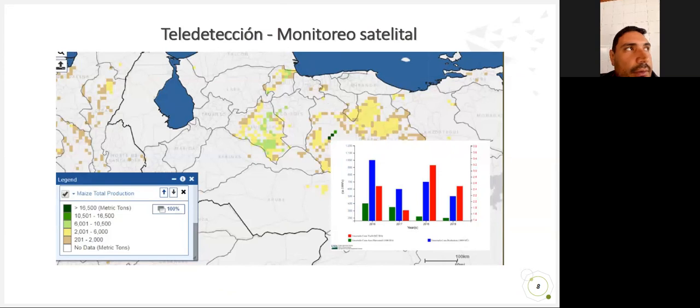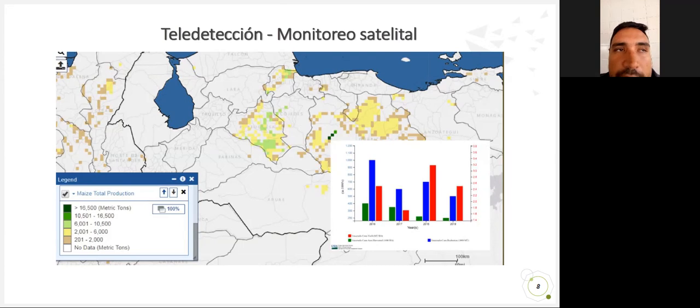Well, with remote sensors we can see crop monitoring with satellite images, and we can see how the major crops are developing in Venezuela.